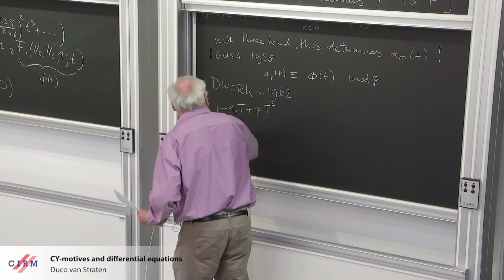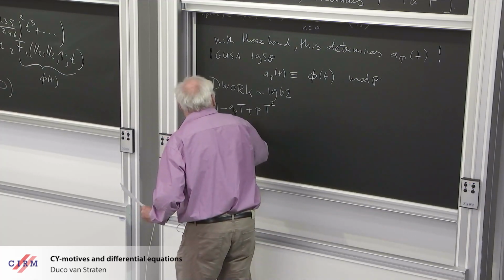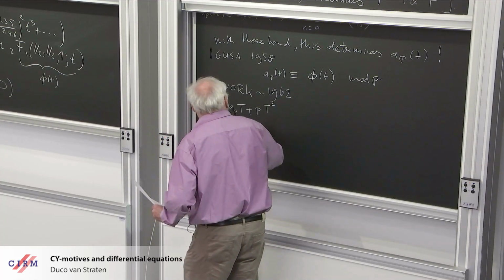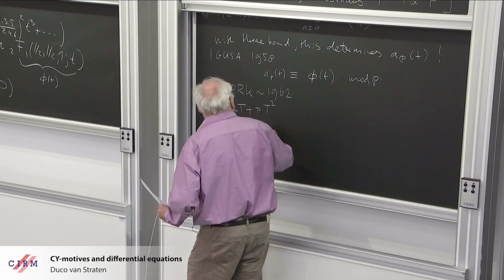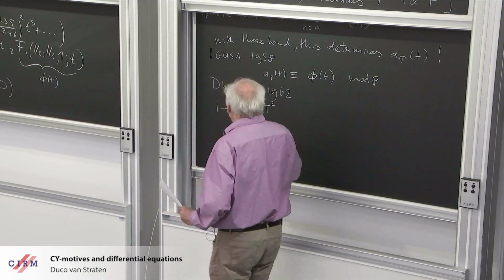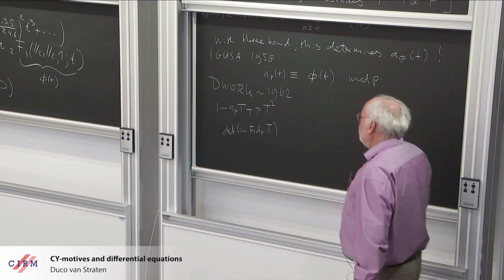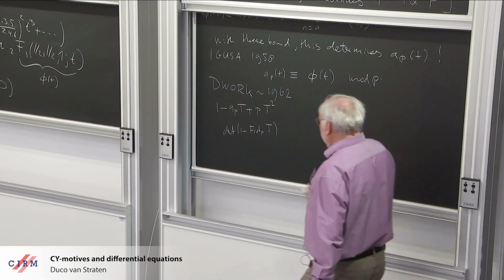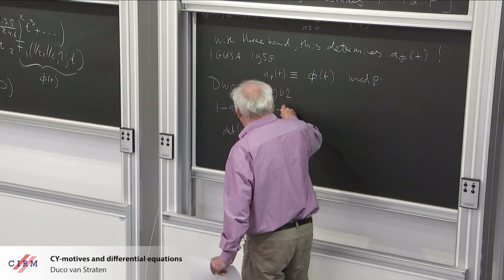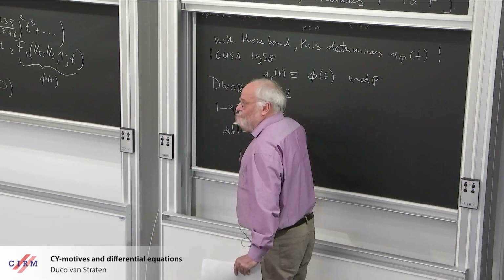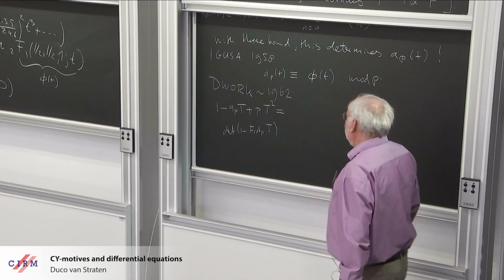So this is the polynomial determinant of Frobenius, the Frobenius acting on the H^1 of the elliptic curve. In general, this is a polynomial with integral coefficients.